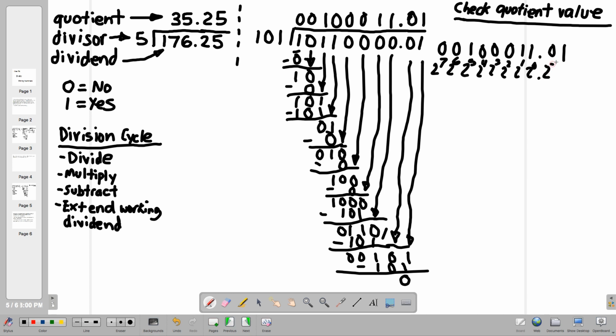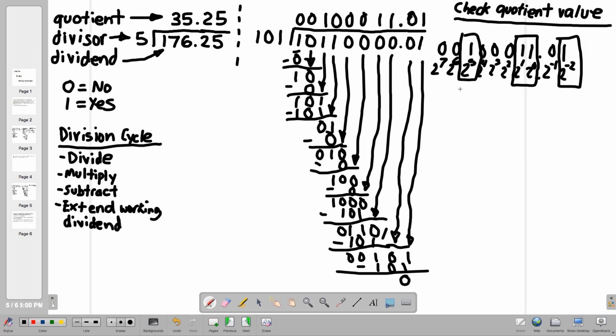So 2 to the minus 1 and 2 to the minus 2 power. So we want to look at what we have that are turned on. Anything with a 1 above it, saying that that value is turned on, and that's what we're really computing. And then this last one over here.